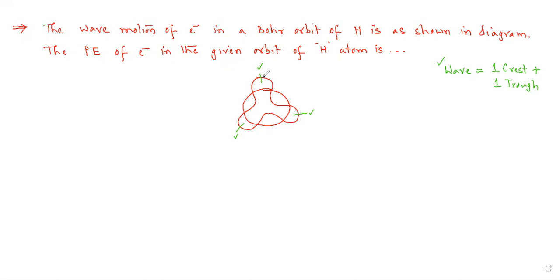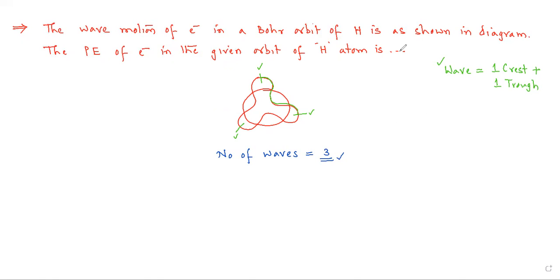Isn't it? Look at the thing. This is the crest and trough. One crest, one full trough, one full crest. Of course, you can take even up to this also. That way also, I can tell you that there are 3 waves in this, right? So number of waves can be given as 3.